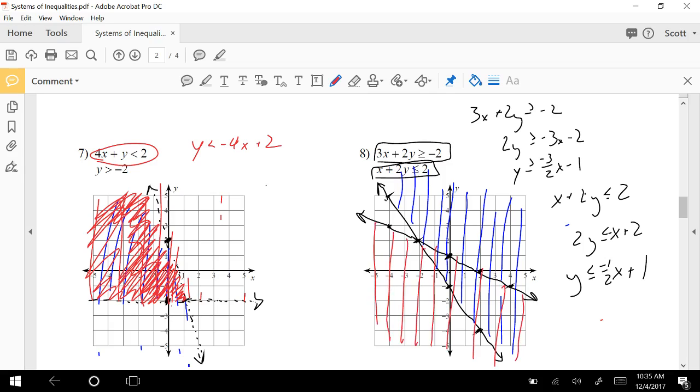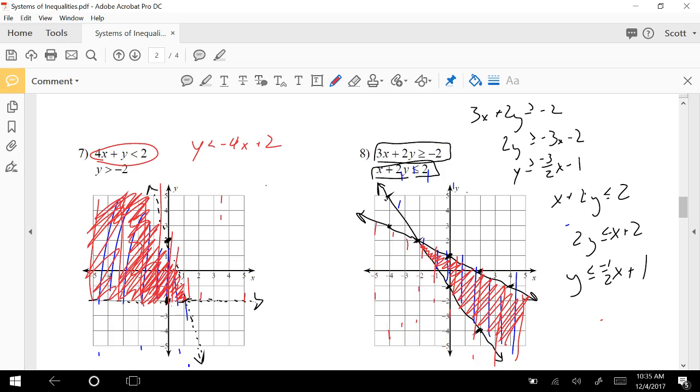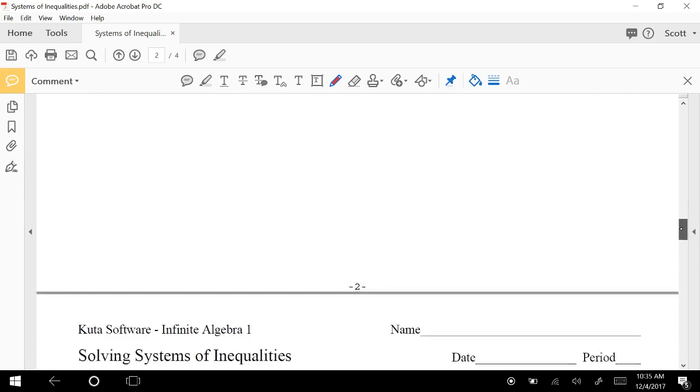Where it overlaps is from this corner on, all of that area. And that would be your answer. Alright, that is it.